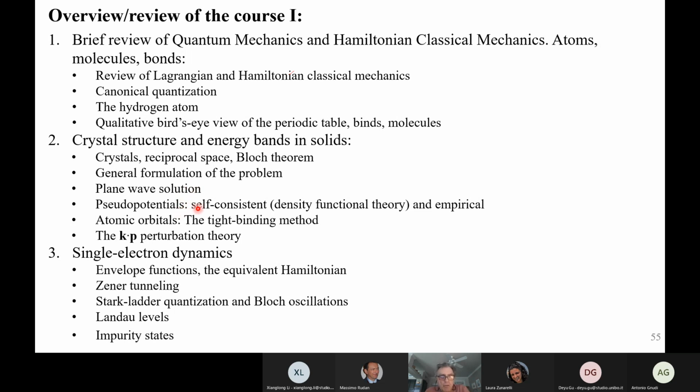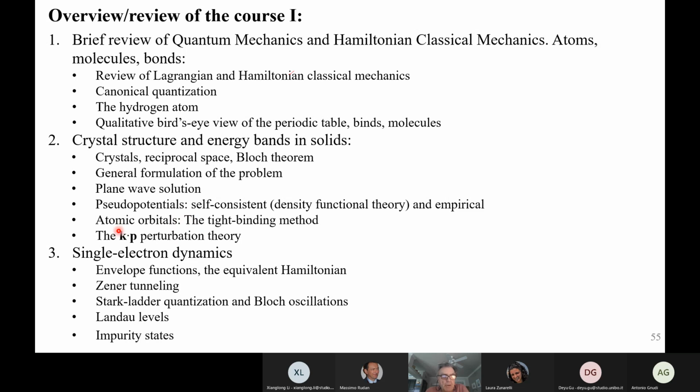So we defined the concept of pseudopotentials, and we looked at both the self-consistent way, density functional theory, in which you treat exchange and correlation effects at various levels of sophistication, and the empirical pseudopotential, in which you freeze the Hartree-Fock, and exchange and correlation potentials empirically to what it is in a particular crystal structure.